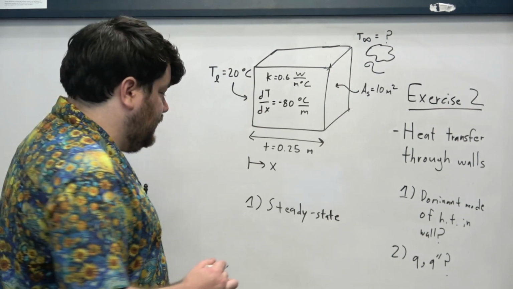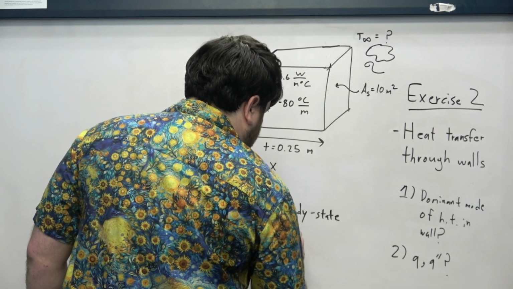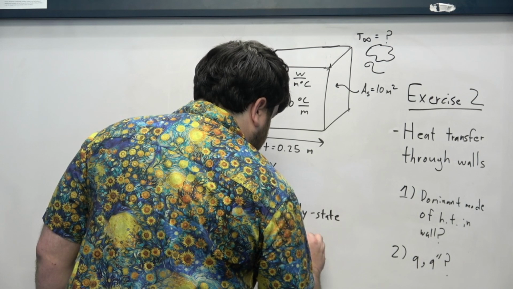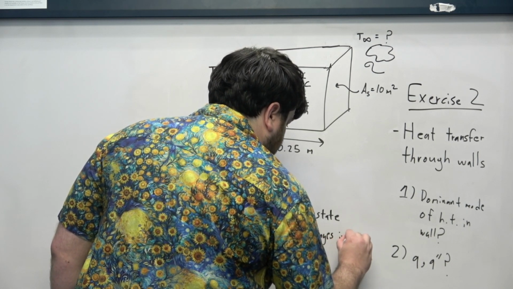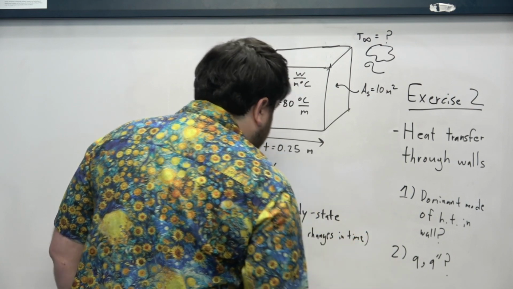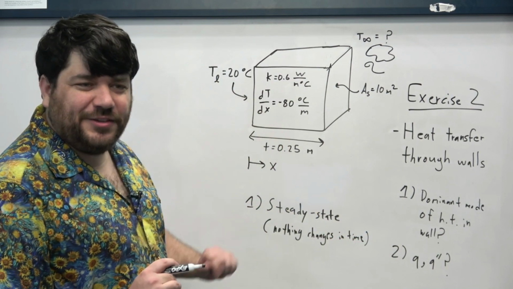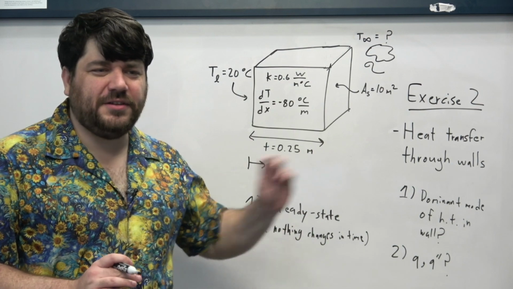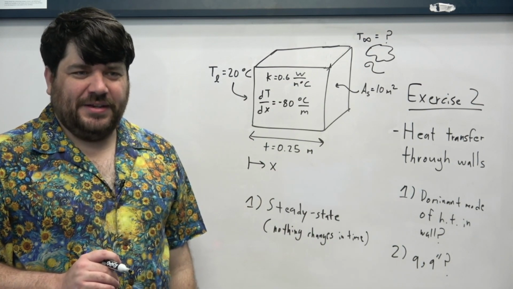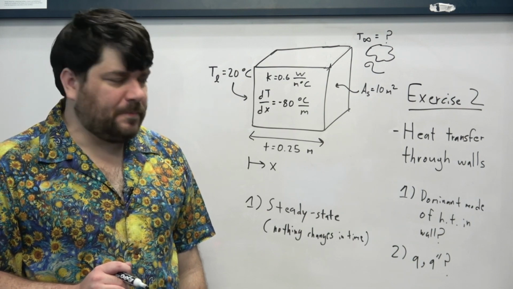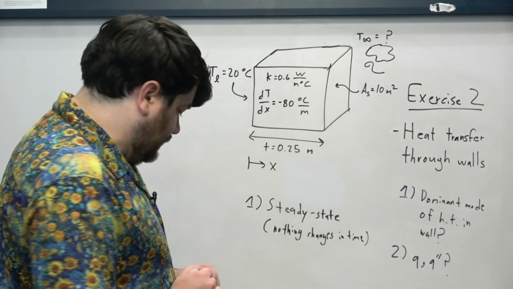And all that means is that nothing changes in time. None of the variables that we are considering in the study of this problem, neither dT/dx or T_L or even this T infinity, are going to change over time. That's an assumption that we make at the start of the problem. So that's assumption number one.